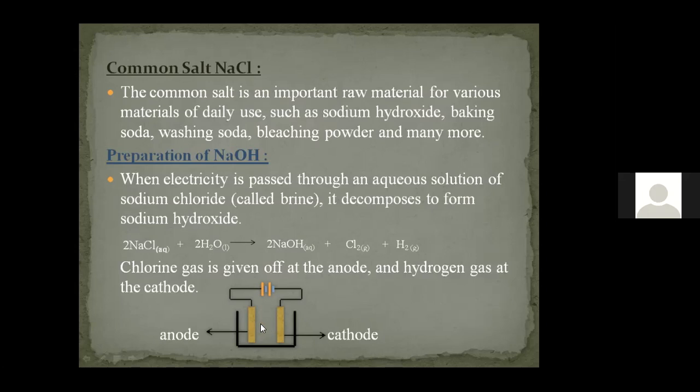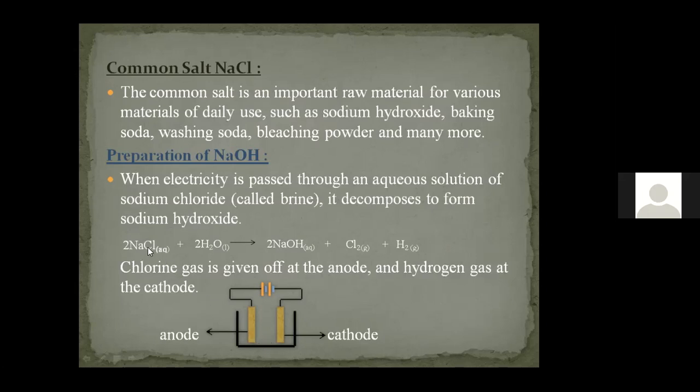When we supply the electricity, the sodium chloride undergoes ionization and produces Na+ and Cl-. At the same time, water also undergoes ionization, or splitting, to give H+ and OH- ions. So Na+ from sodium chloride combines with OH- from the water molecule and forms sodium hydroxide, which remains in solution.